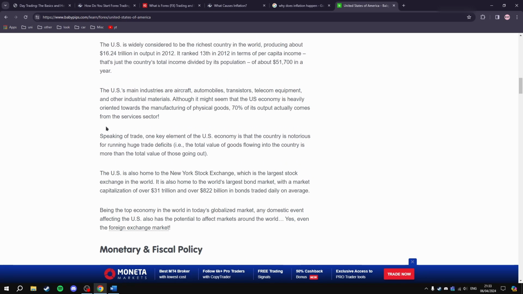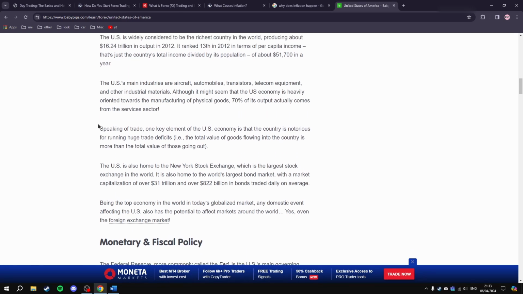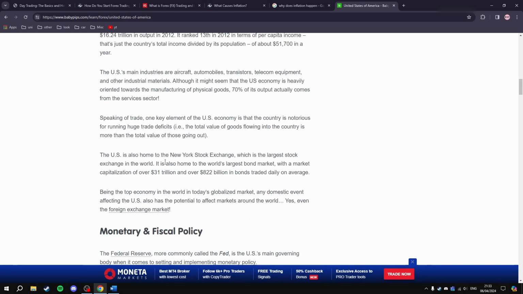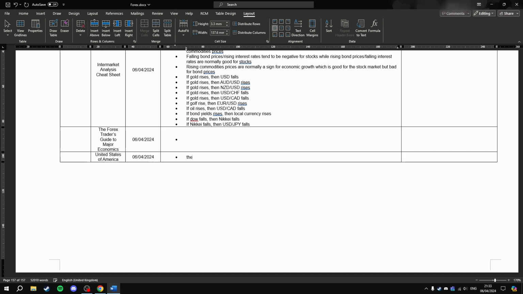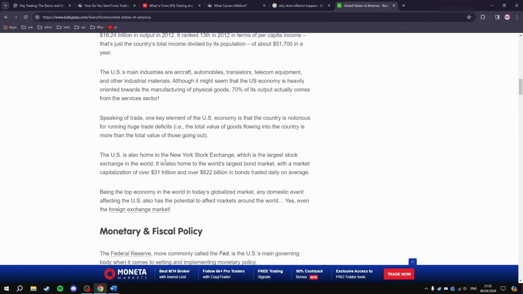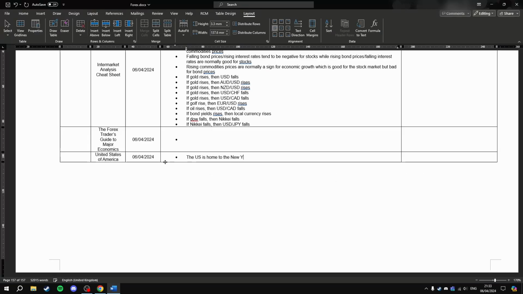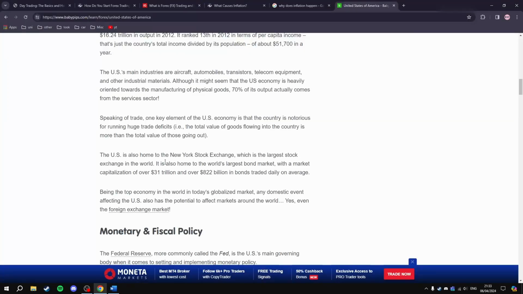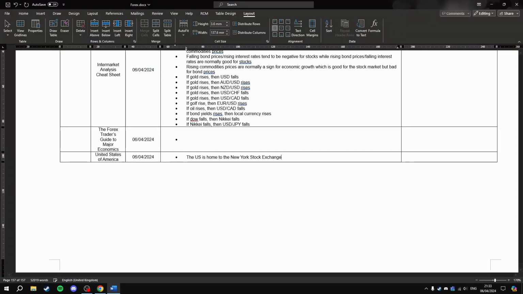So, the US is home to the New York Stock Exchange, which is the largest stock exchange in the world.